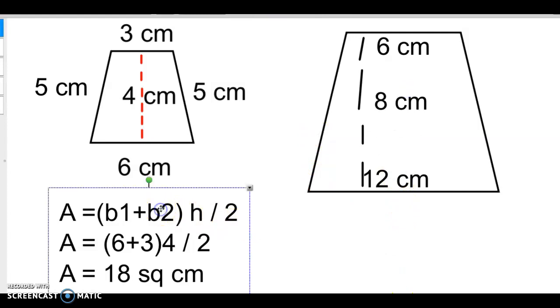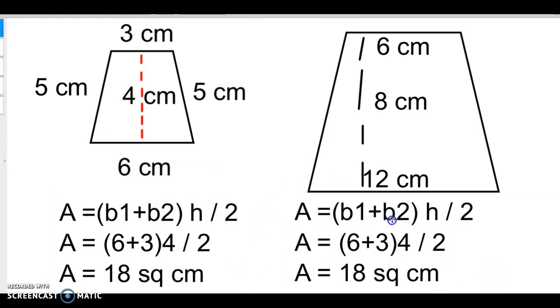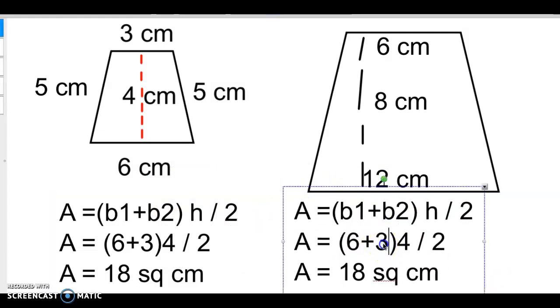Okay, and now I'm going to take this whole thing and copy it over here and just replace the dimensions. So the bases were 12 and 6. I'm going to times it by the height, which is 8, and divide by 2.